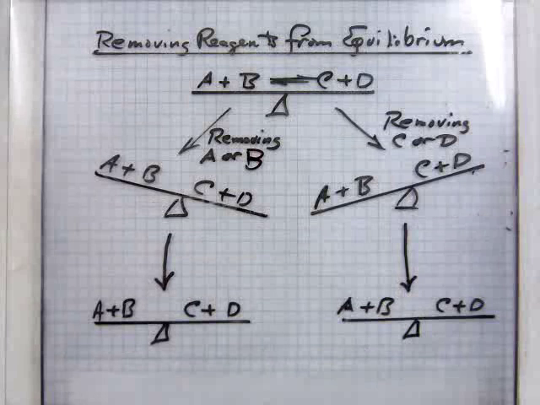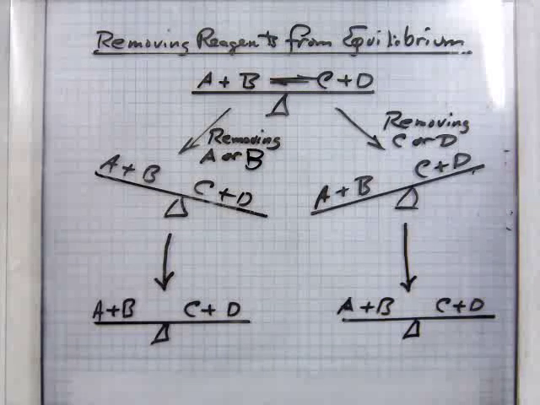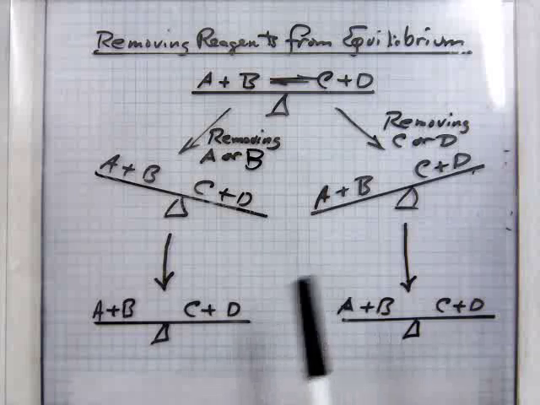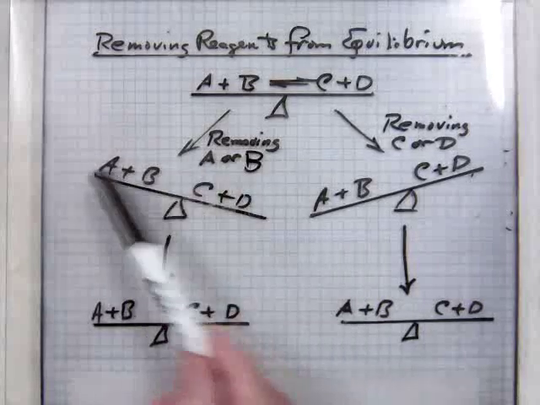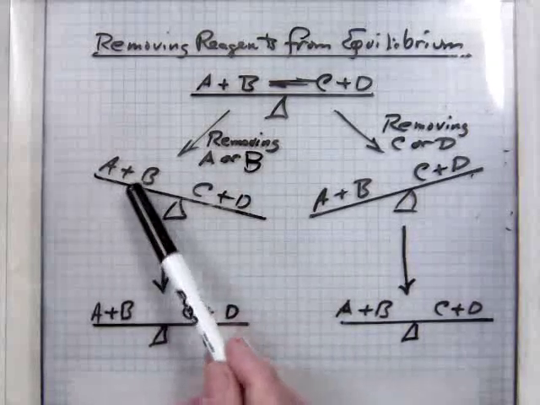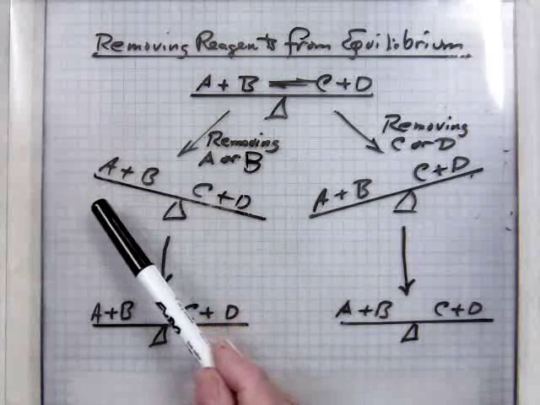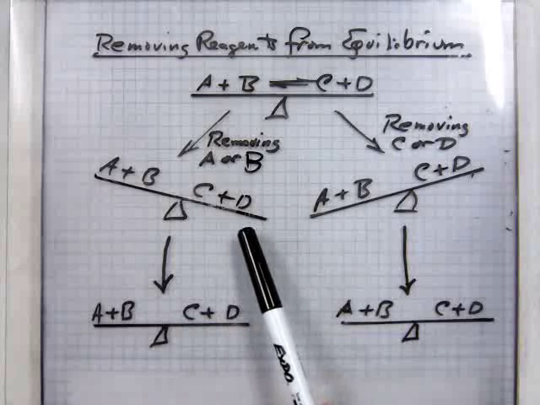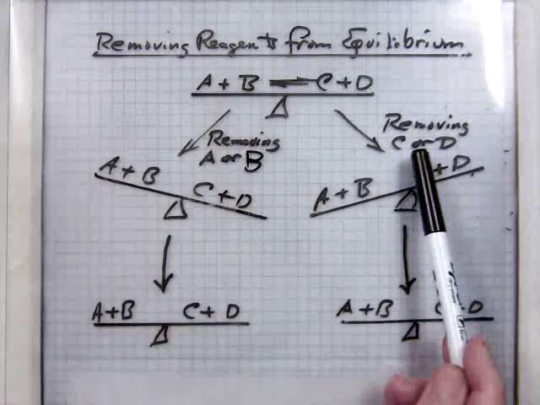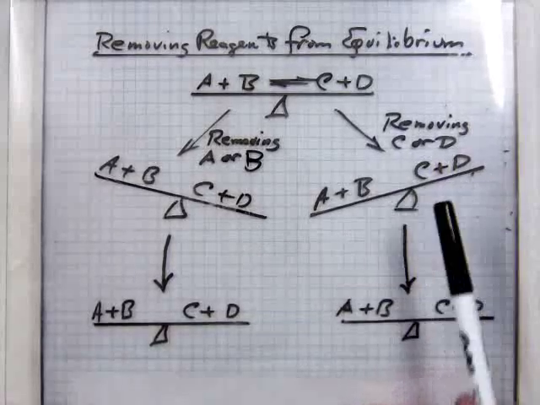If we remove chemicals from a reaction process, that would be a concentration effect, and the effect would be to lighten the side that the chemical is removed from. For example, if we remove A or B from this reaction, of course the left side would be lighter, and the CD would cause a tilt to the right. And if you remove C or D, of course you would have a left tilt.